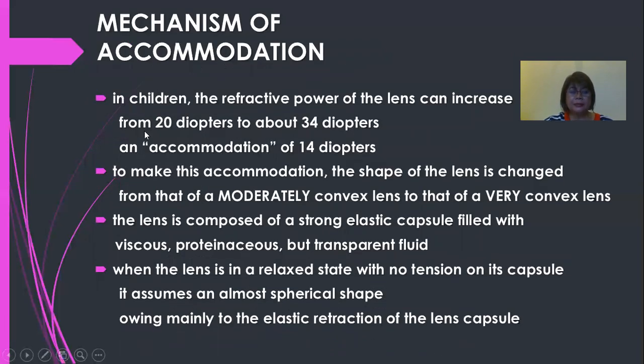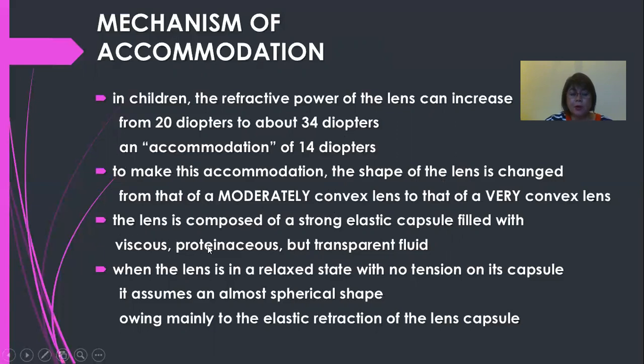How is the mechanism of accommodation achieved? In children, the refractive power of the lens can increase from 20 diopters to about 34 diopters, which gives an accommodation power of 14 diopters. To make this accommodation, the shape of the lens is changed from that of a moderately convex lens to that of a very convex lens.